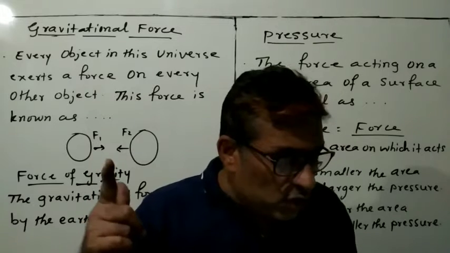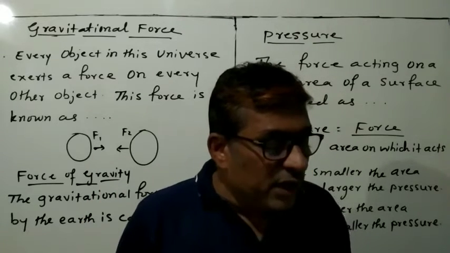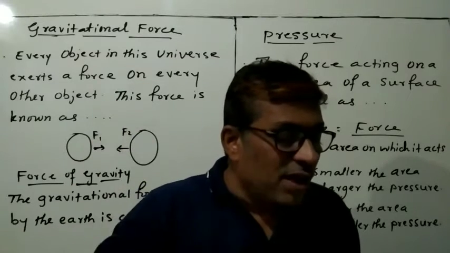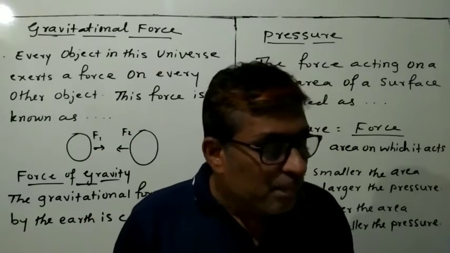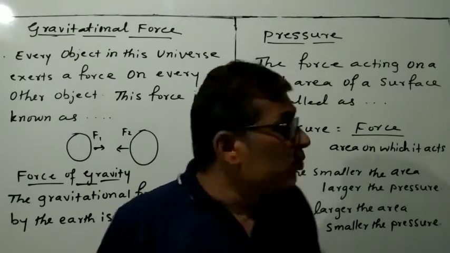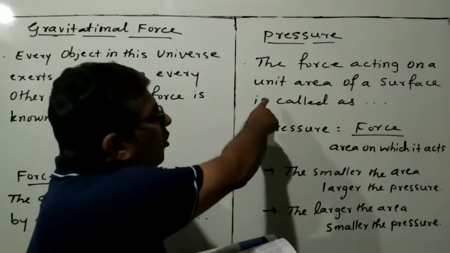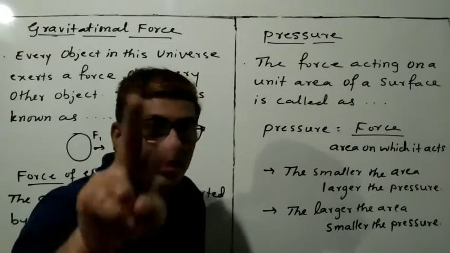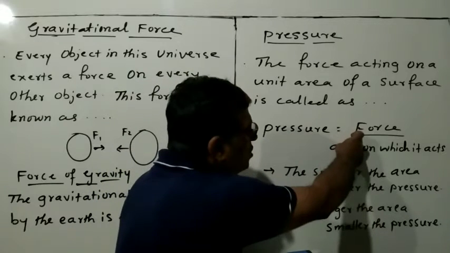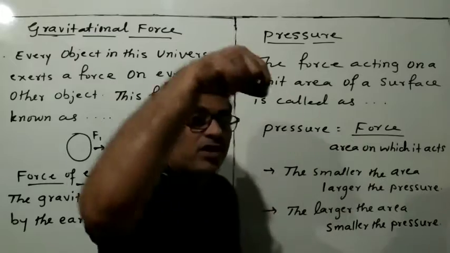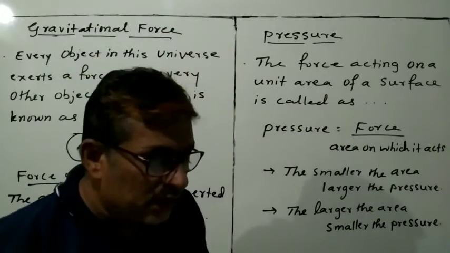Now, one more example. Do you feel that the area over which the force is applied matters? For example, the pointed end of the nail plays a role in making the task easier. So that is why, dear students, the force acting on a unit area of a surface is called pressure. The formula is pressure equals force divided by the area on which it acts.